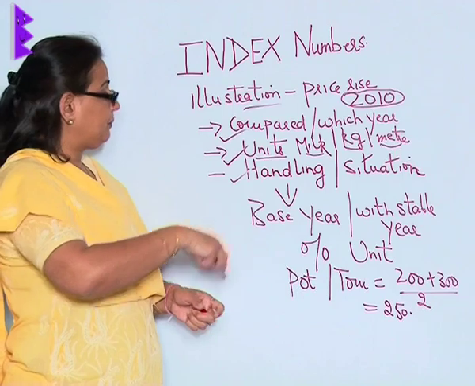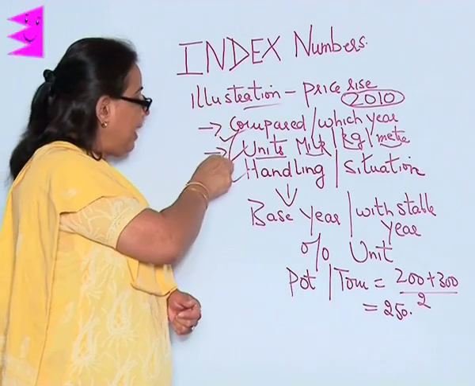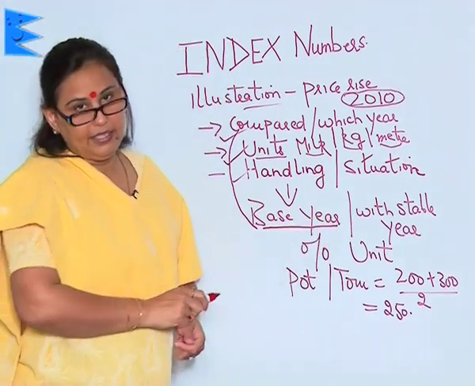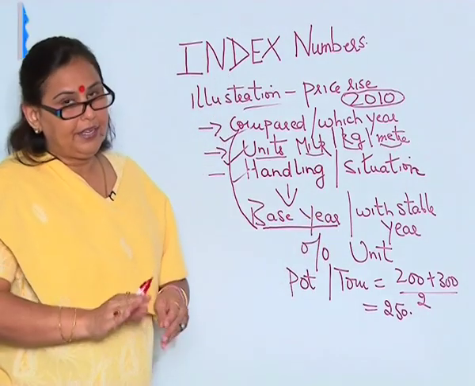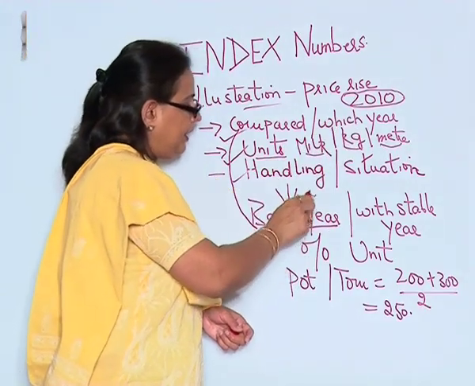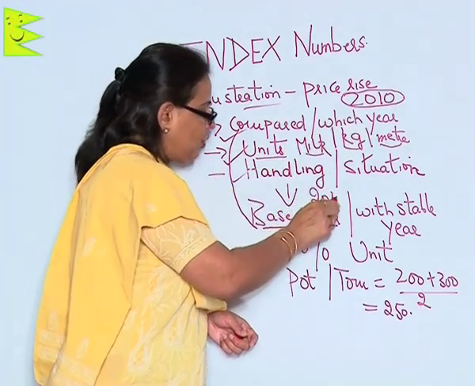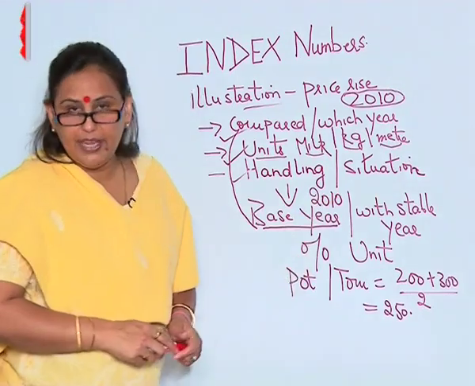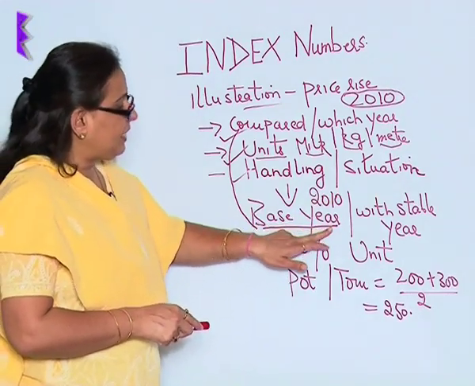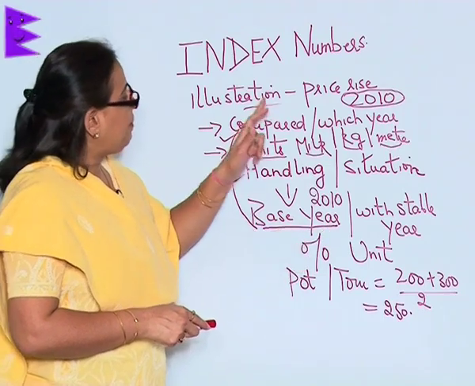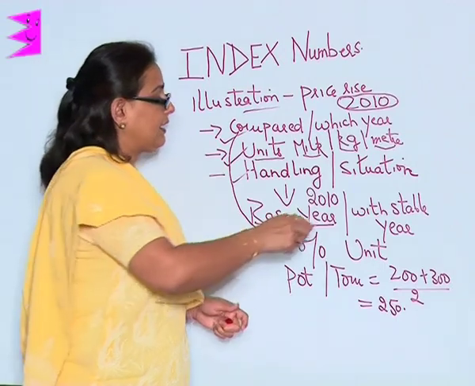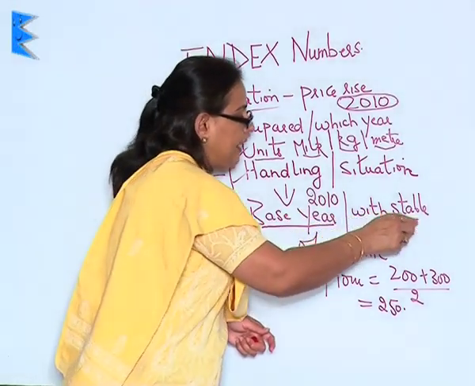The answer is, the comparison will be that first of all, I will take the base year, that is, the current year shall be considered as the base year. For example, here 2010 shall be our current or base year. Now, for the comparison of this base or current year, I am going to take a year which has a stable price rise.